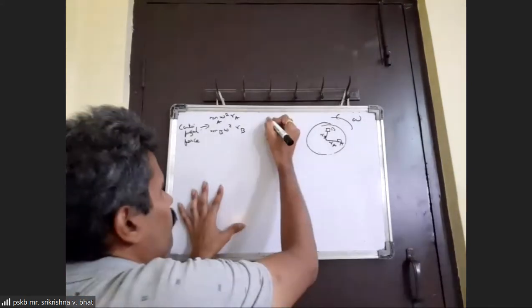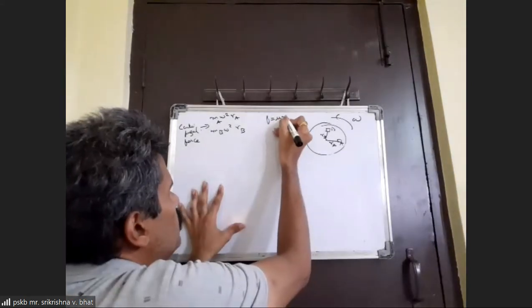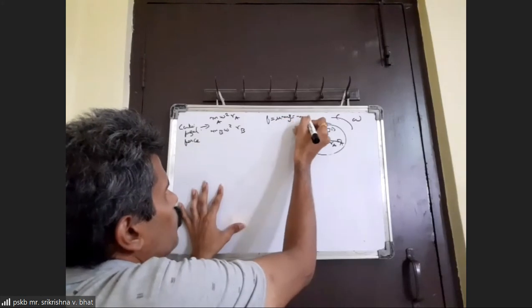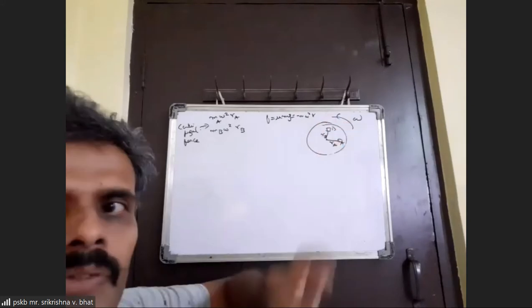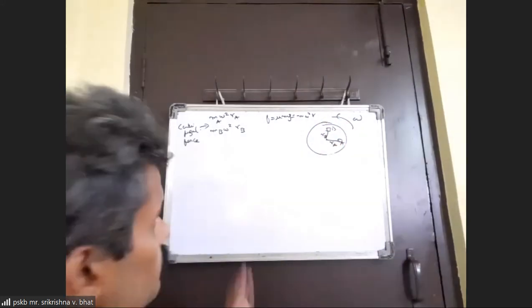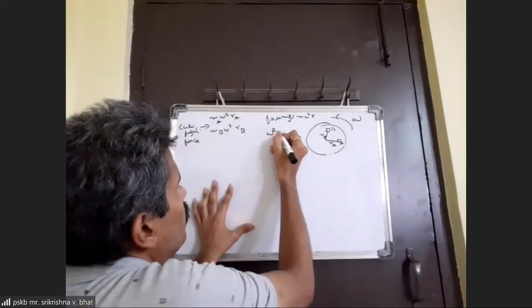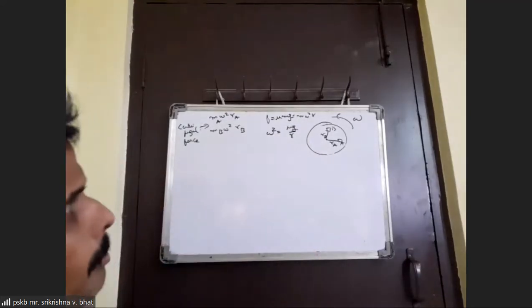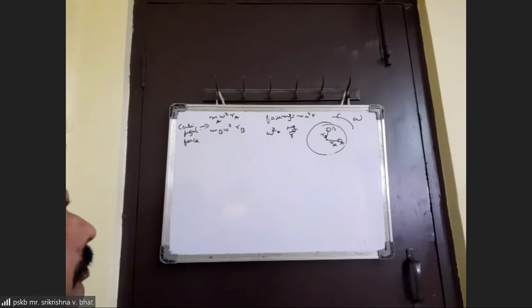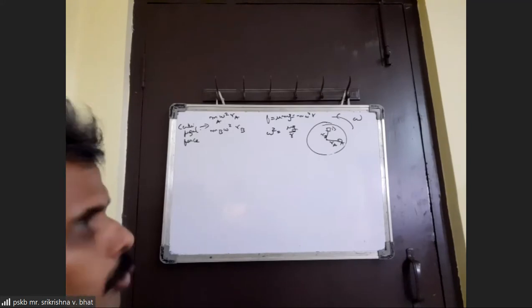Then the friction force, which is equal to mu mg, we can equate to m omega square r. This is something we can say when the body is just about to slip, and if there were no tension force. Then you should get omega square equal to mu g by r. This shows that a body having a higher r will have smaller omega.